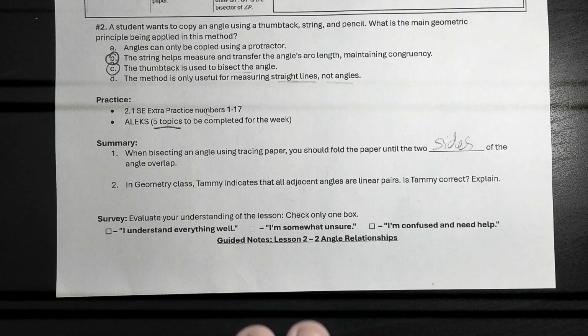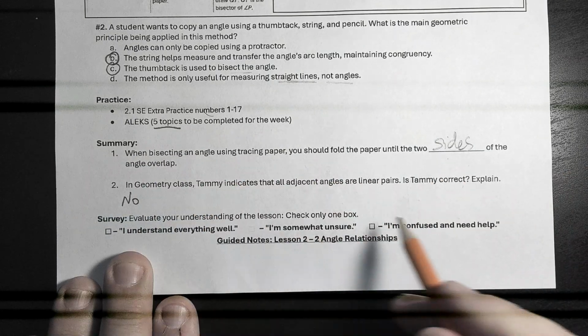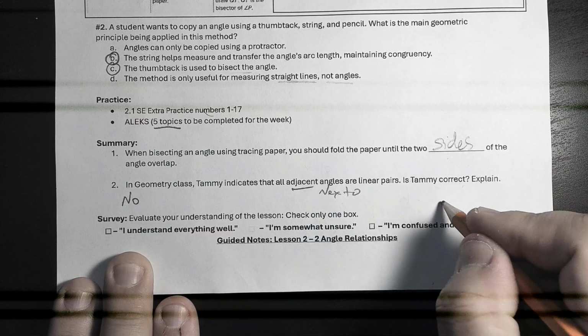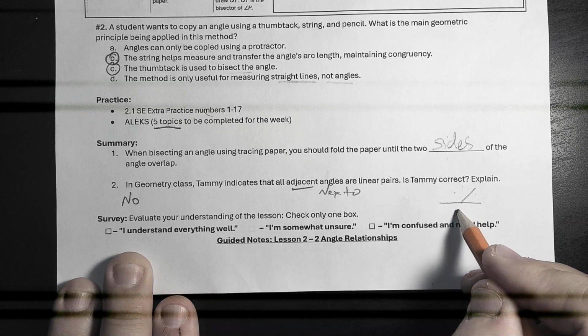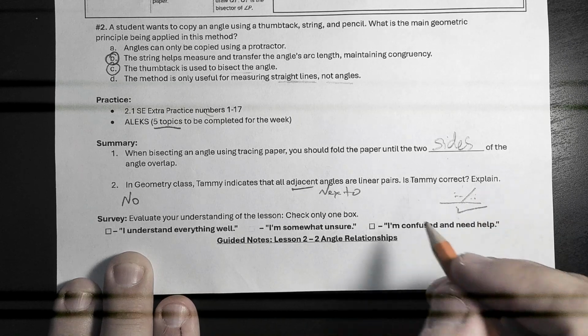Yeah, that one was different, but this is going to be no. And the reason it's no: adjacent means next to. And where she would be right would be like here. This is a linear pair. These are next to each other. This is a linear pair where these are adjacent angles. So this would work.